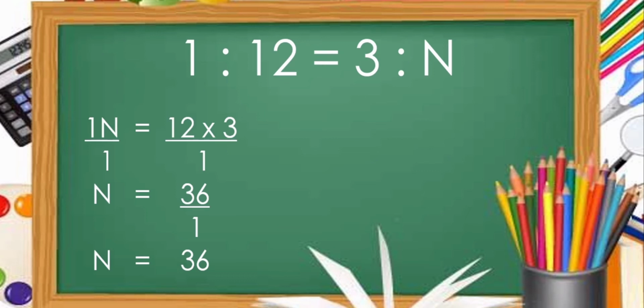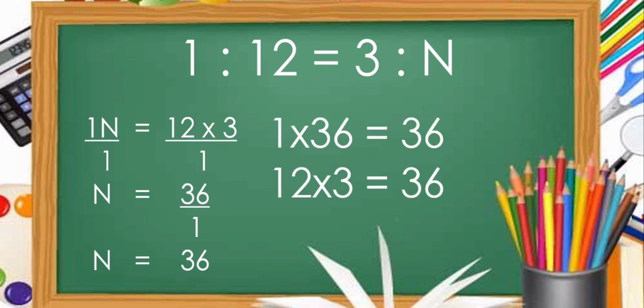And 12 times 3 is equal to 36 divided by 1 is equal to 36. So, the value of n is 36. The means and the extremes should have an equal product. So 1 times 36 is equal to 36. It is equal to 12 times 3 is equal to 36.